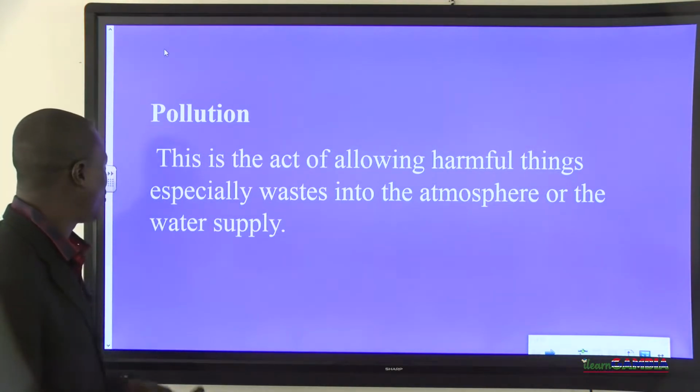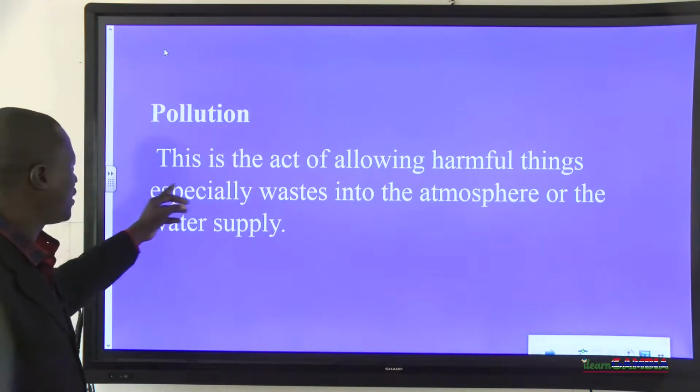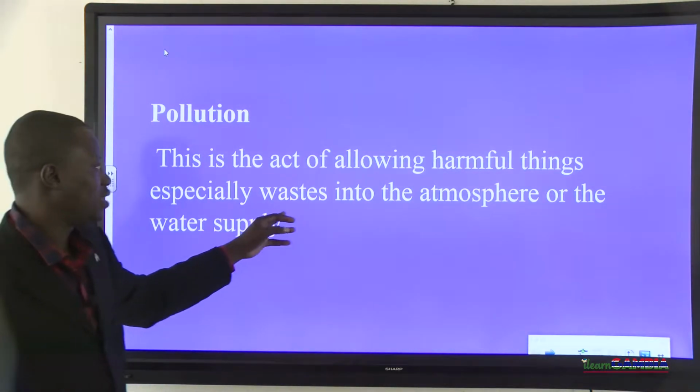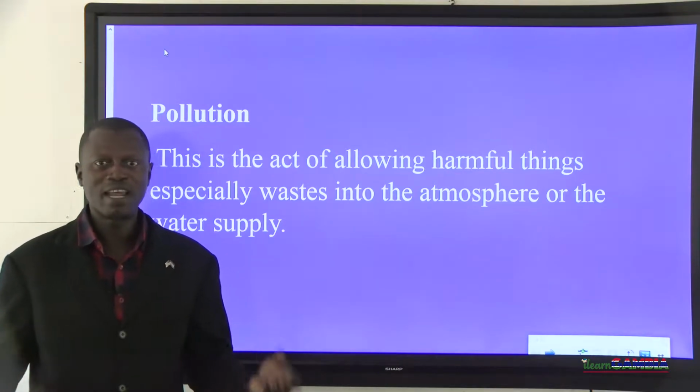Now, what is pollution, or define pollution? This is the act of allowing harmful things, especially waste, into the atmosphere or the water supply.